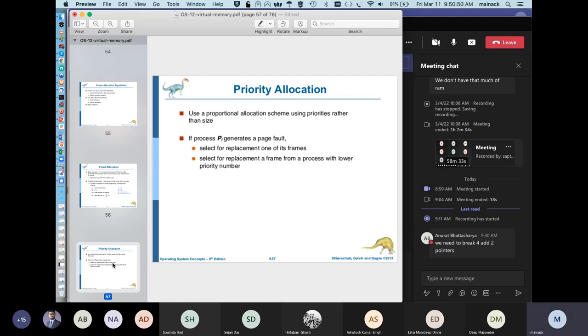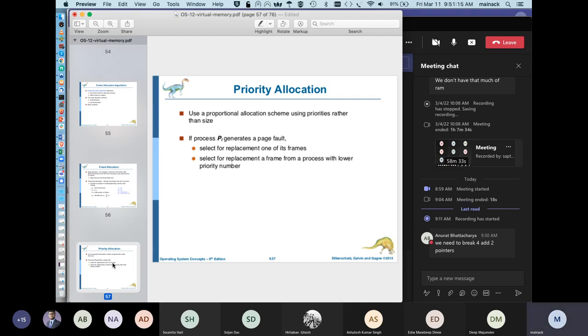In Linux at least, processes have priorities. Look into nice values and so on, but essentially you can assign processes priorities, which means that some process will get a bigger share of CPU and RAM and everything. Some processes are more important than others. So the idea is to use a proportional allocation scheme using priorities rather than size.